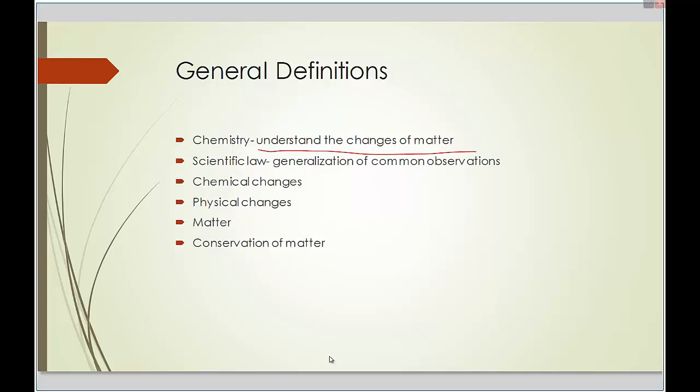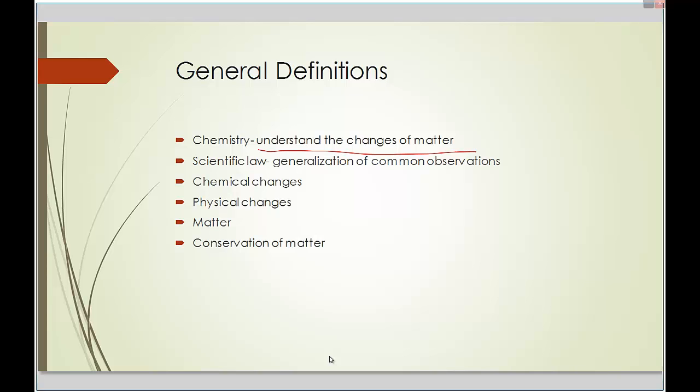Scientific law versus scientific theory. A law is a generalization of common observations. So, for instance, gravity is a law. We know that everything falls to the earth because of gravity. The scientific theory is a way of trying to explain the law. You cannot really disprove a theory because all you can do is kind of rearrange the thoughts.